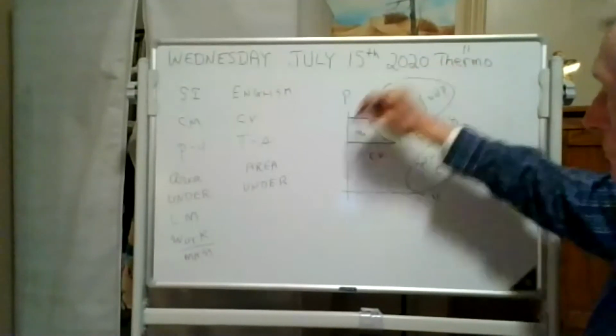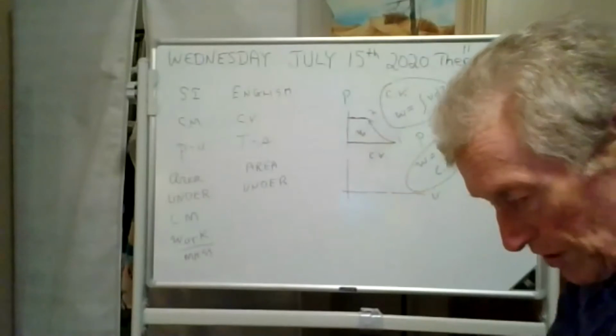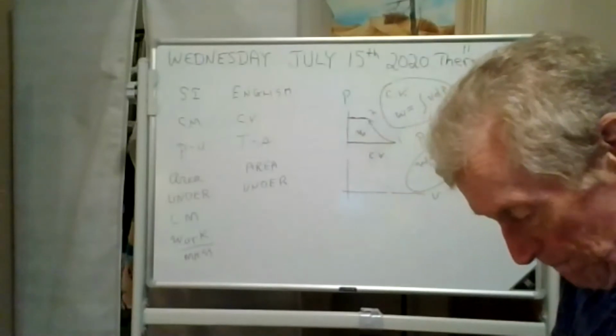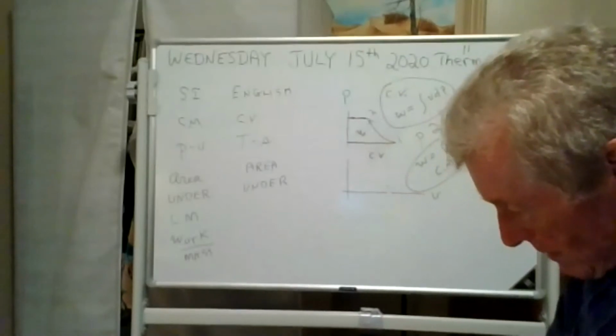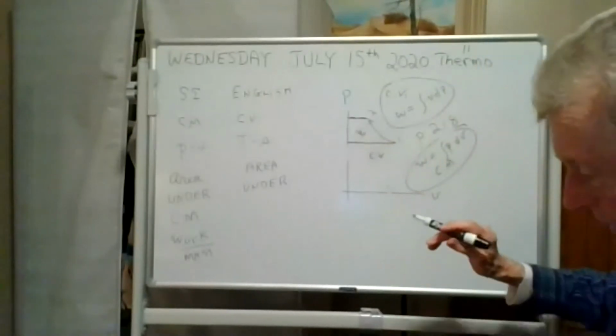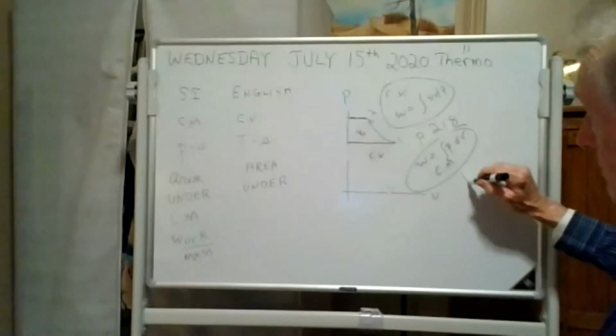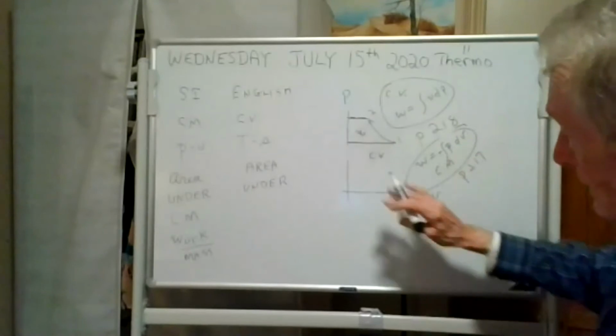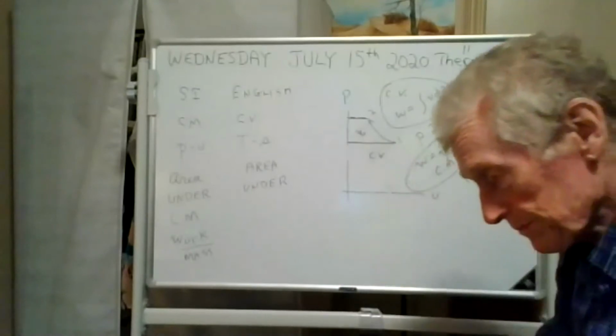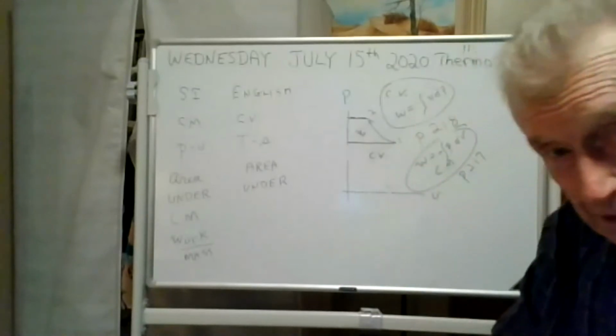But if you have a control volume, this is explained in this chapter 7. And you'll find this equation on page 217, only I forgot the minus sign. Let me talk about that equation a minute, and then I'd love to work a problem.